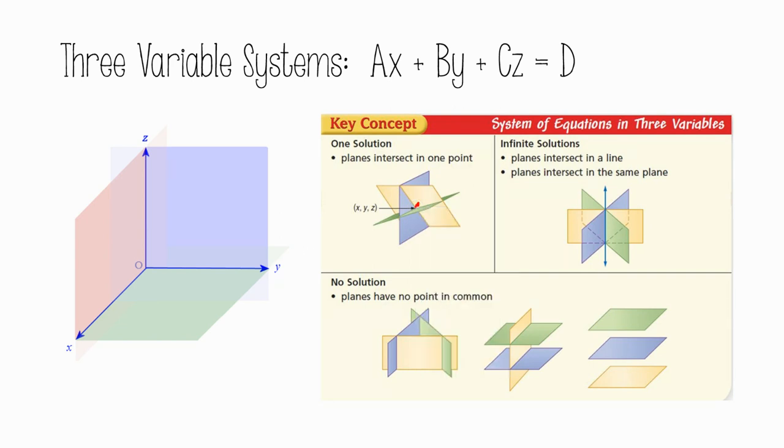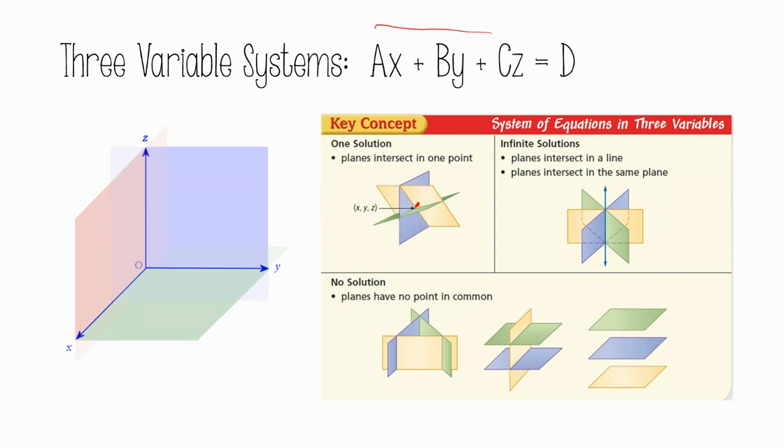That point becomes (x, y, z). Infinite solutions would be that they intersect at a line. Just like 2 planes intersect at a line, a third one could intersect at a line, and that would be infinitely many solutions, similar with linear systems. And no solution is not just that they never intersect, it's that all 3 don't have a common point or line in common.